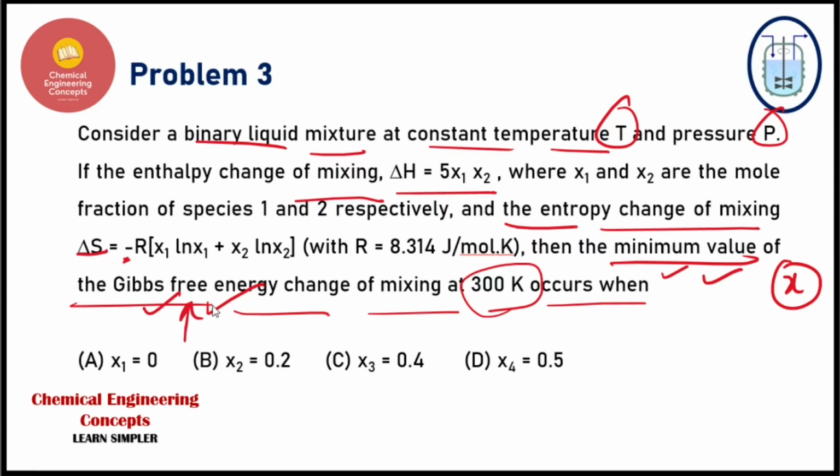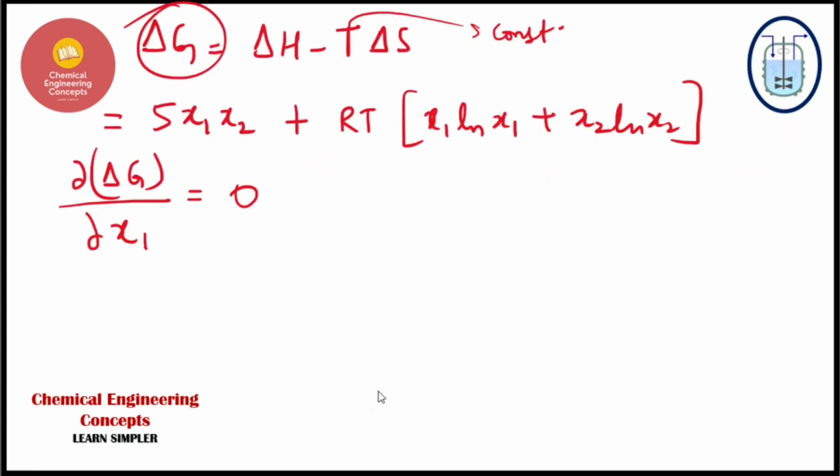Is it x1 equal to 0, or 0.2, or 0.4, or 0.5? We have to find the x1 value at which the Gibbs free energy change of mixing will be minimum. Let's differentiate this equation.